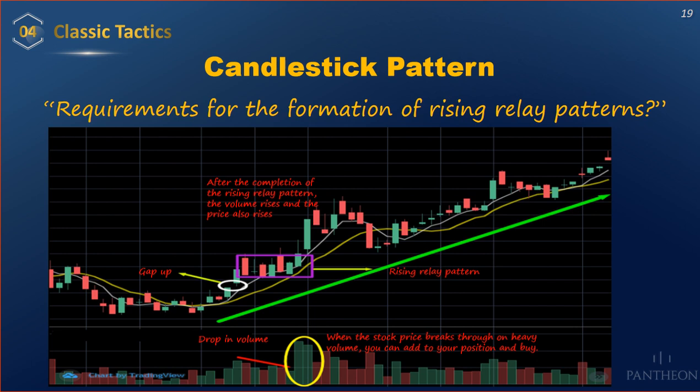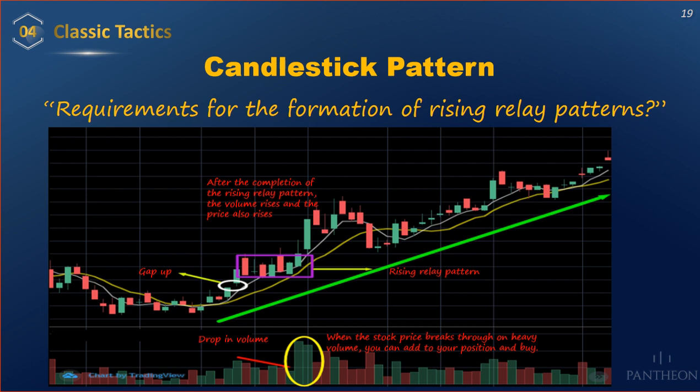After a short period of rise, it began to enter oscillation adjustment mode. At this point, it enters the rising relay pattern. The rising relay pattern is the one in the purple rectangle, which is over here, oscillating.